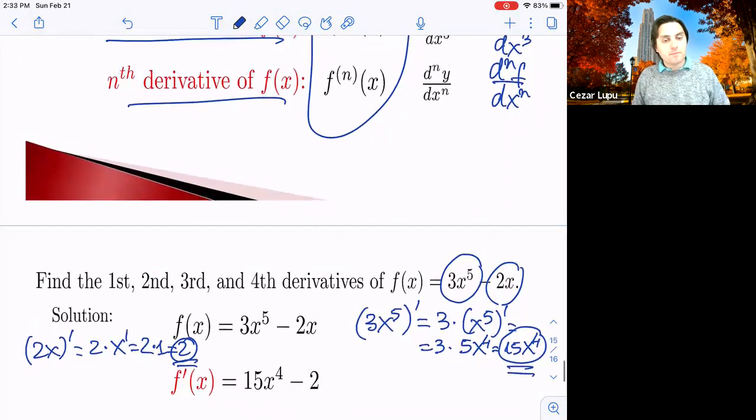Now, we know what the first derivative is. What is the second derivative? Well, the second derivative of a function is nothing else than just the derivative of the first derivative.